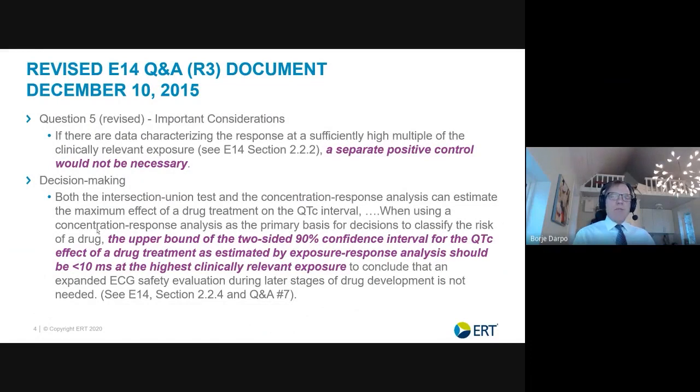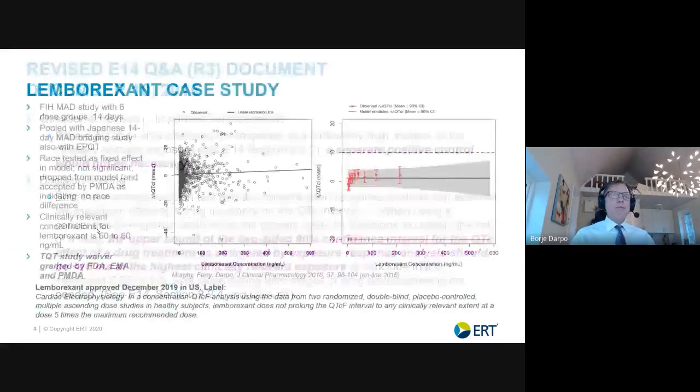And then secondly, the same criteria as we used in the IQ-CSRC study was brought back into the E14. So if you are able to demonstrate that your drug does not cause an effect exceeding 10 milliseconds at clinically relevant plasma concentrations, that is the same as to say that you have a negative QT assessment and carries the same weight as having a negative thorough QT study.